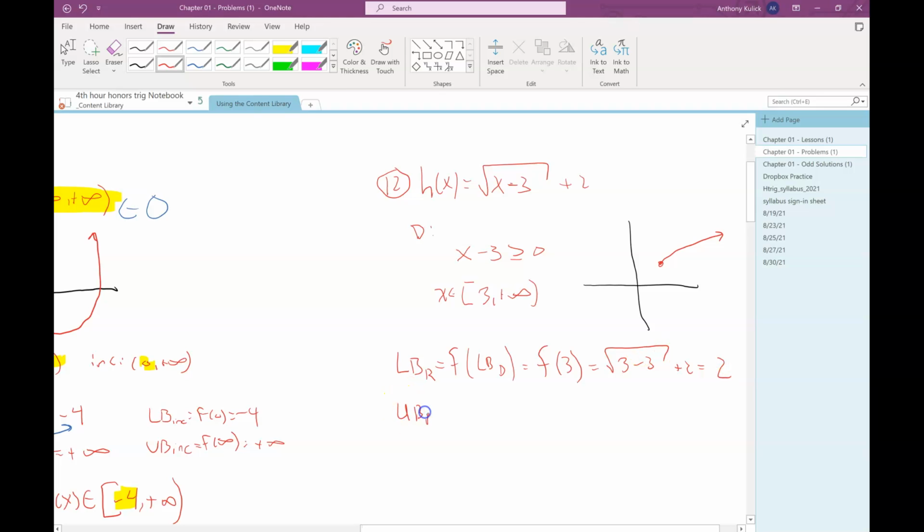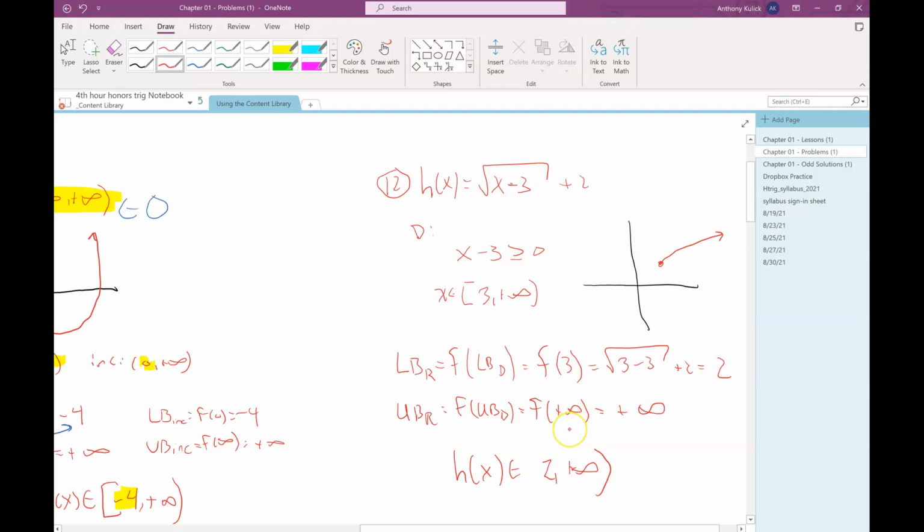And the upper bound for the range is going to be f of the upper bound for the domain. So f of positive infinity, which is still going to be infinity. And because this is an upper bound, it'll be positive infinity. So my range, h of x, will be a member of the set from 2 to positive infinity.